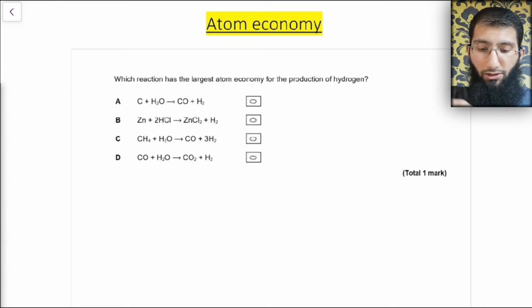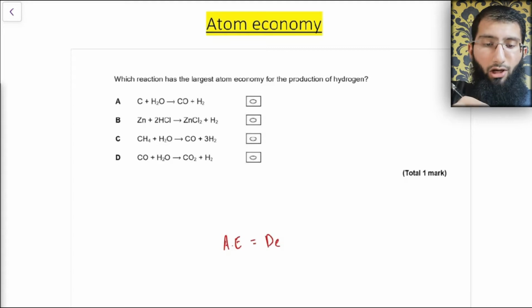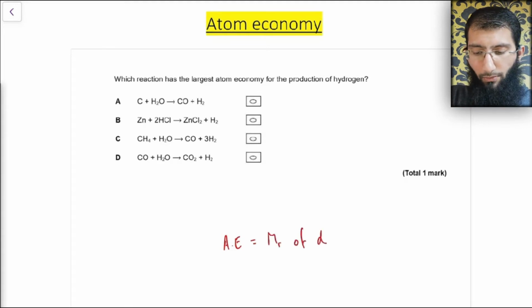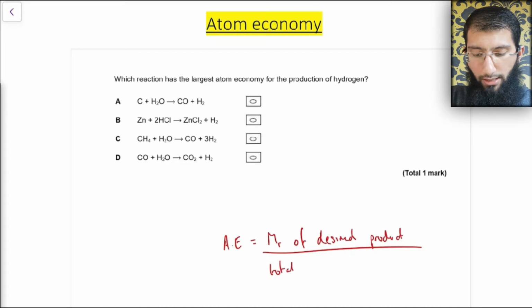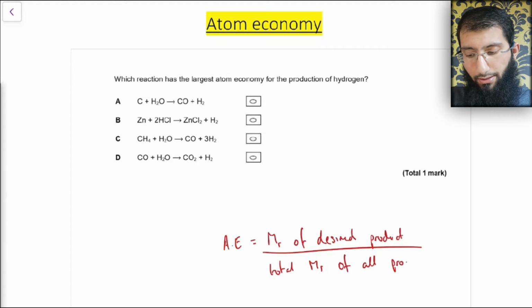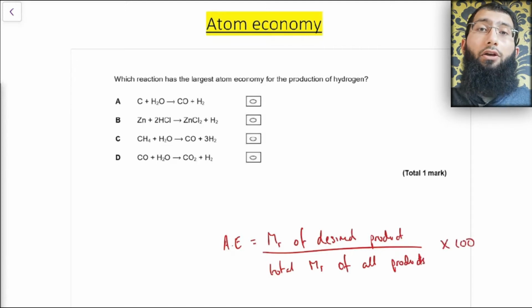And it's calculated using the equation: MR of the desired product, divided by the total MR of all products, multiplied by 100.